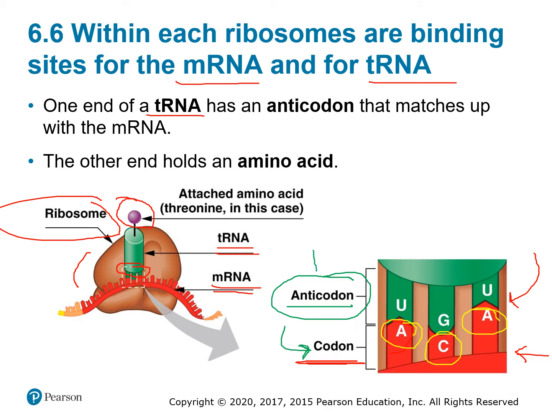So this anticodon is on the tRNA, and the codon is on the mRNA, okay? But it's very important that the tRNA anticodon will complementary base pair with the mRNA codon, all right?